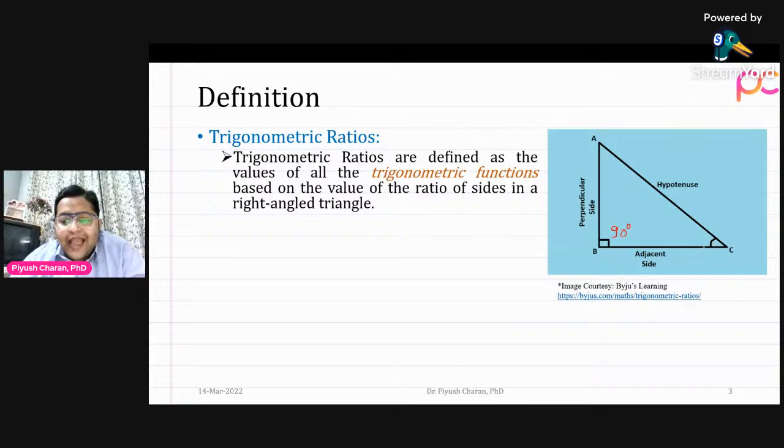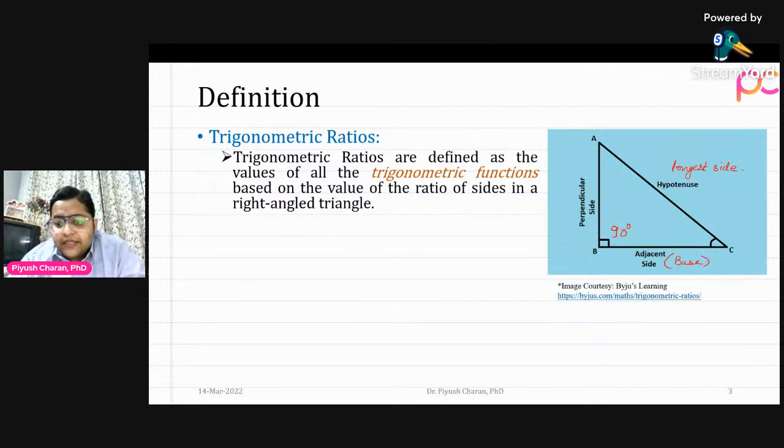So the side opposite to this angle C is known as the perpendicular side. The side opposite to the right angle is known as the hypotenuse. This is the longest side, and the side adjacent to the angle C is known as the base.